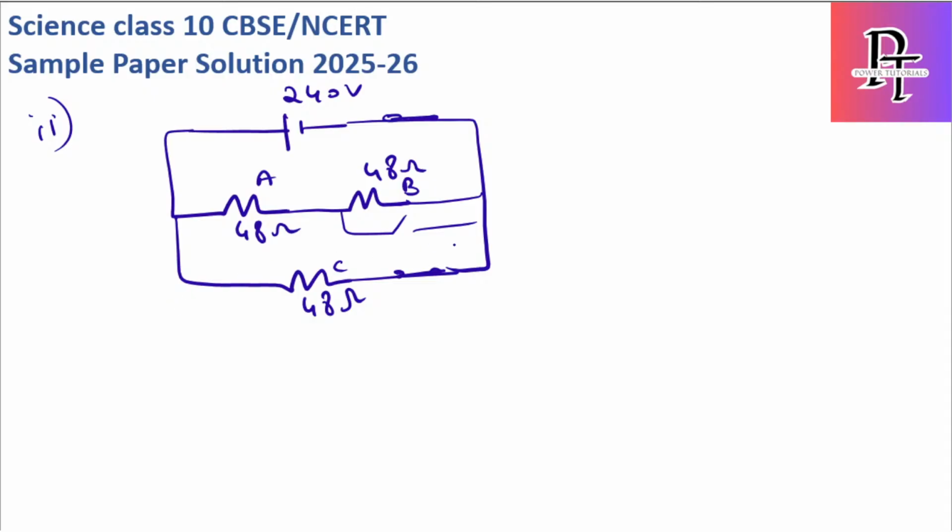For this we have to use series and parallel circuit combinations. So before that I will make it easy. Instead of solving the entire circuit, we'll just change the middle part.